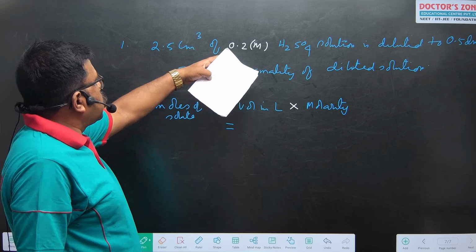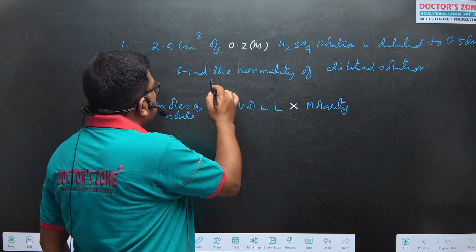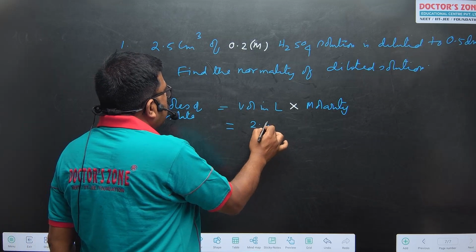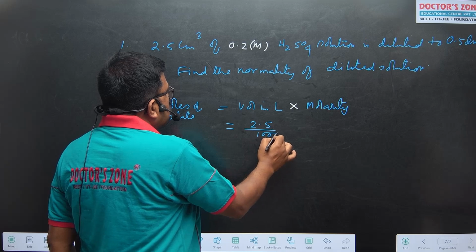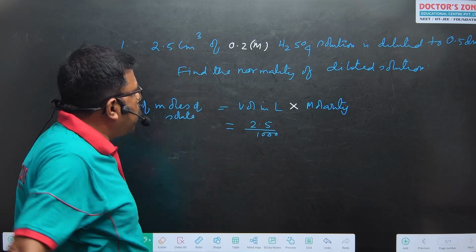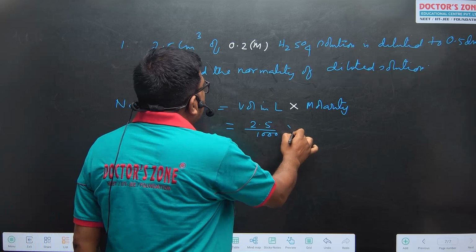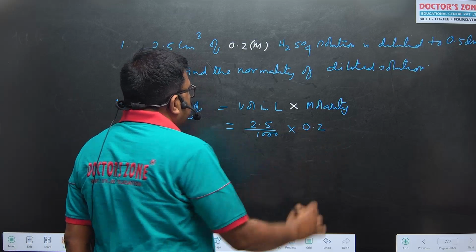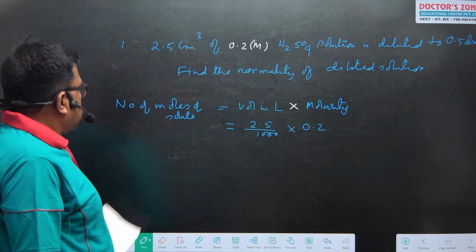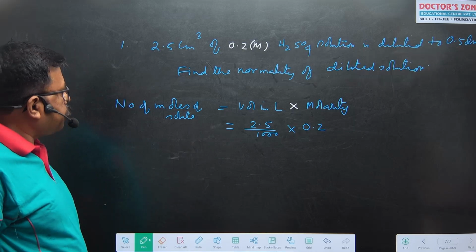So what will be the number of moles of this solution? It will be 2.5 divided by 1000, to convert to liters, into 0.2. This is the number of moles of solute.